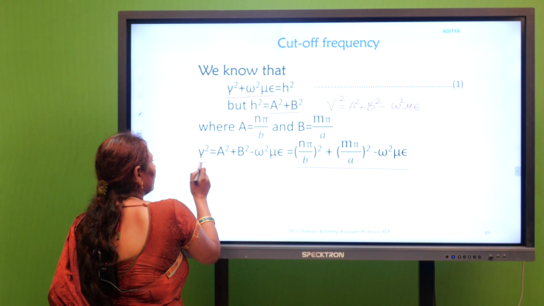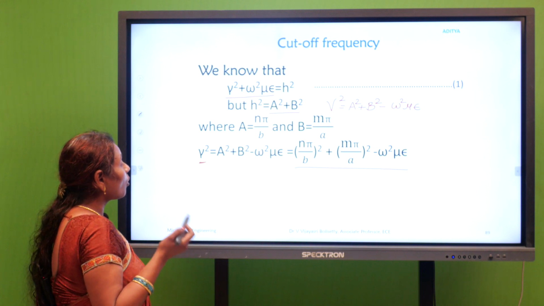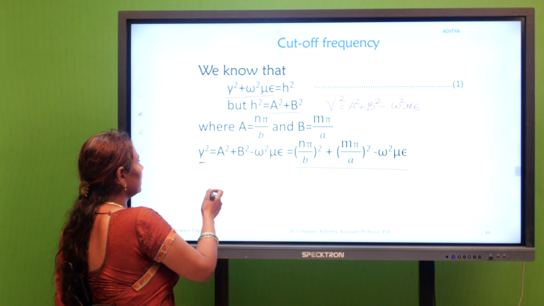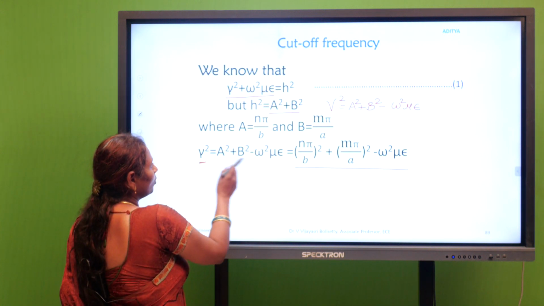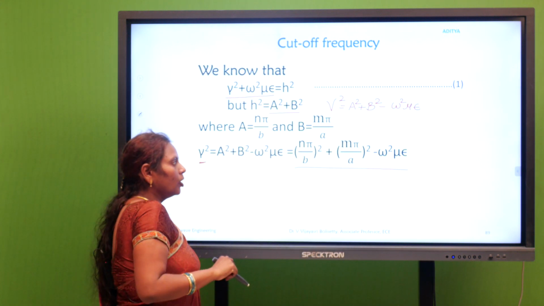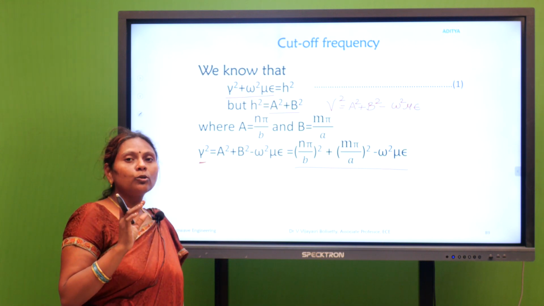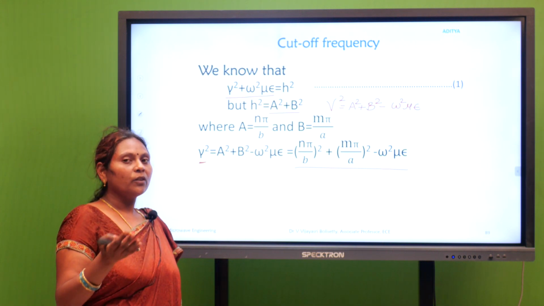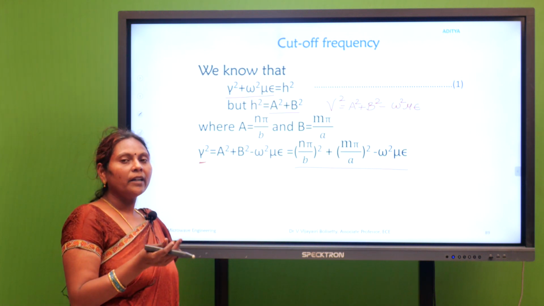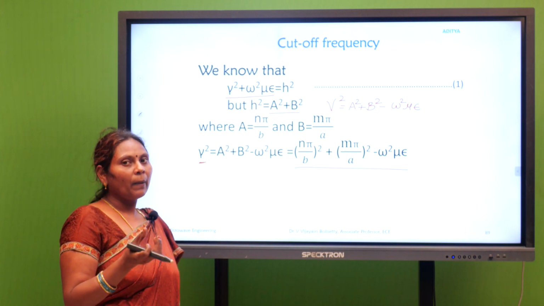Gamma is the propagation constant, and we can obtain gamma as the square root of n pi by b whole square plus m pi by a whole square minus omega square mu epsilon. So, that is a square root value. If the value inside the root is positive, you get gamma as a real value, and if it is negative, you get an imaginary value.